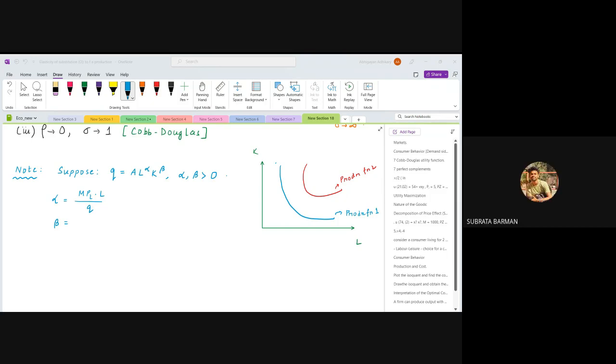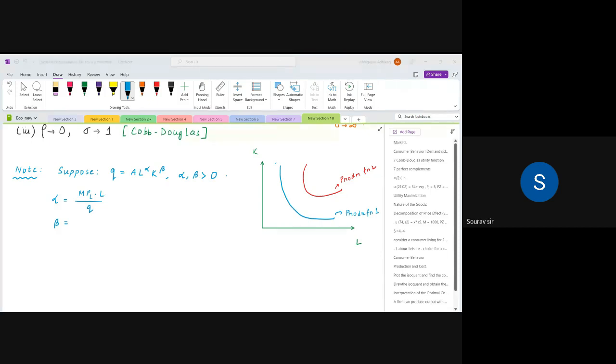If it is alpha, then it is elasticity of production for labor. Then if it is beta, then elasticity of production of capital. Yes, you can say that. Like elasticity of production as in percentage change in output due to percentage change in labor, right?